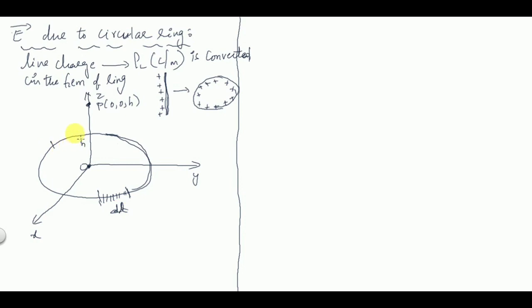The same differential length will exist in the other direction also. So the distance from here to here is the same. This is the radius of the circular ring. Let the radius of the circular ring be a. So here small a represents the radius of the circular ring.